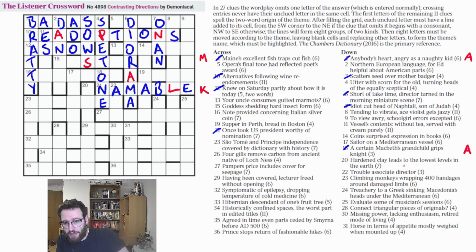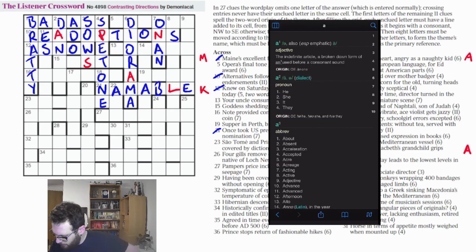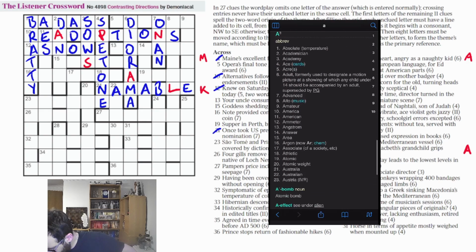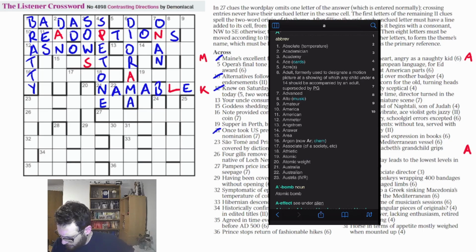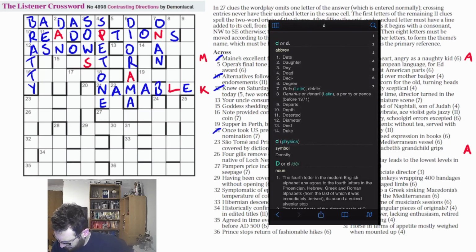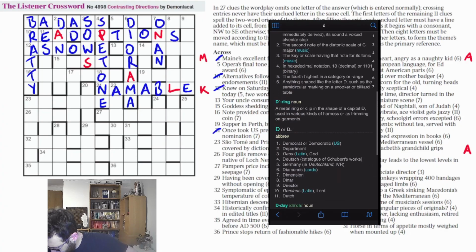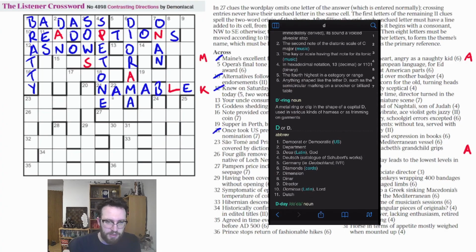Does that work? Okay. So if A can be associate, try to bring the dictionary up here. Do we have A for associate? We do. And then if D can be director, I think it can. I mean, DIR is usually director, but yes. So we get AD from associate director, and then it's just the O that's not clued. So that works.